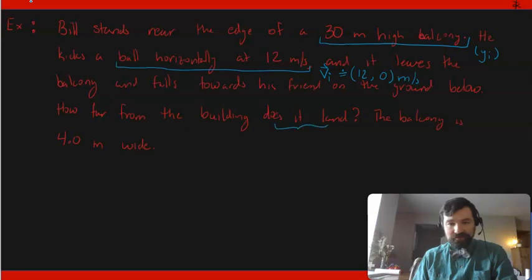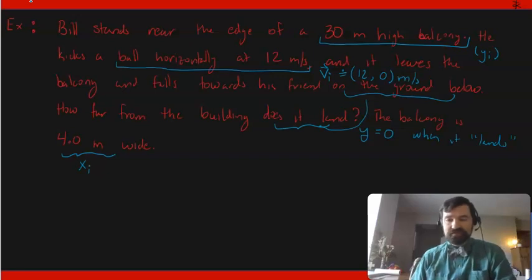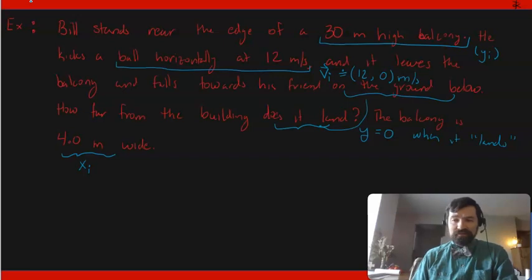Okay, so the part about landing on the ground below tells us that y equals 0 when it lands. This can be used to figure out what time it lands at. We're told that the balcony is 4 meters wide. This is actually kind of your x initial in some sense.